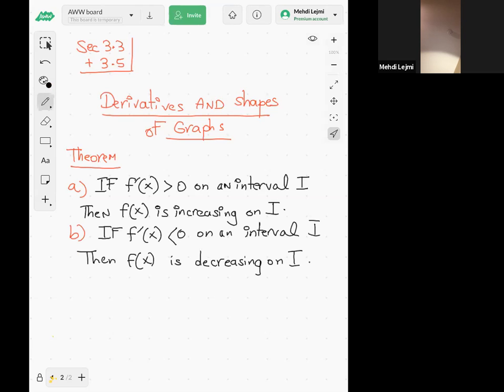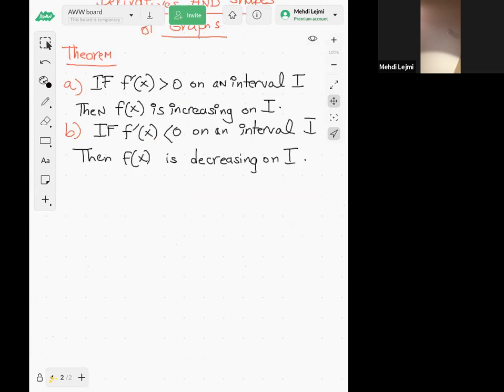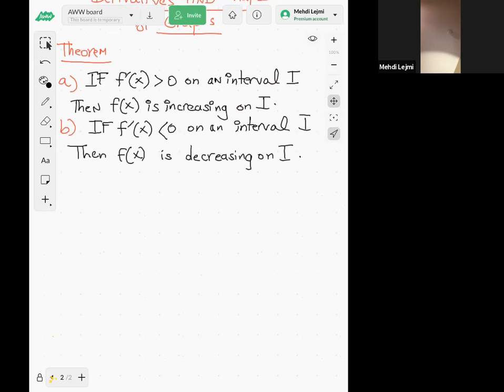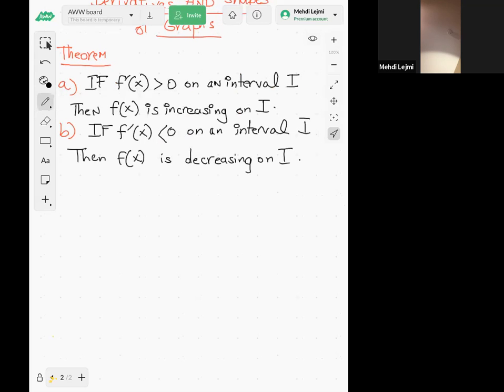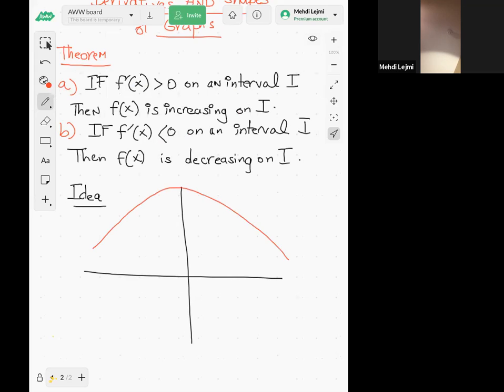The idea is you have to think of f prime of x, the derivative, as the slope of the tangent line. So let's say you have this graph of your function f of x.